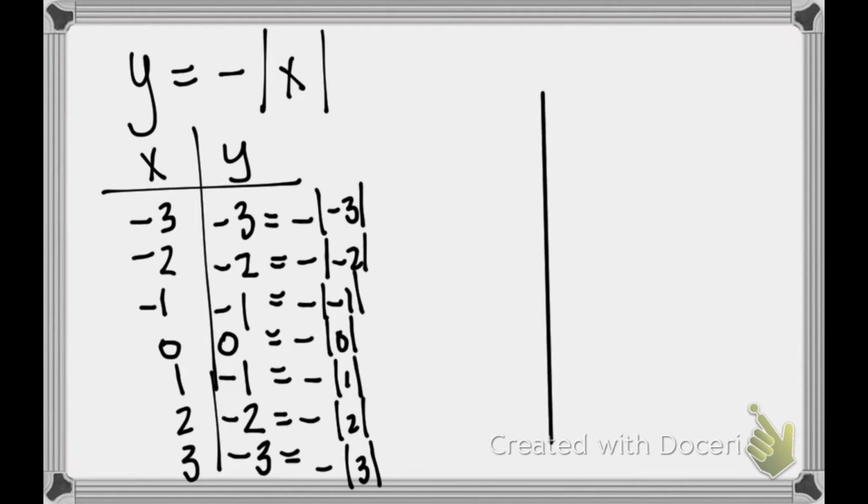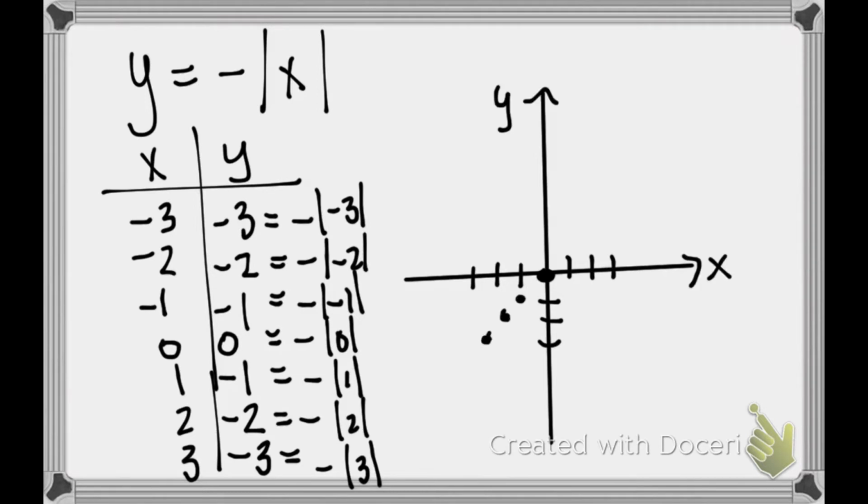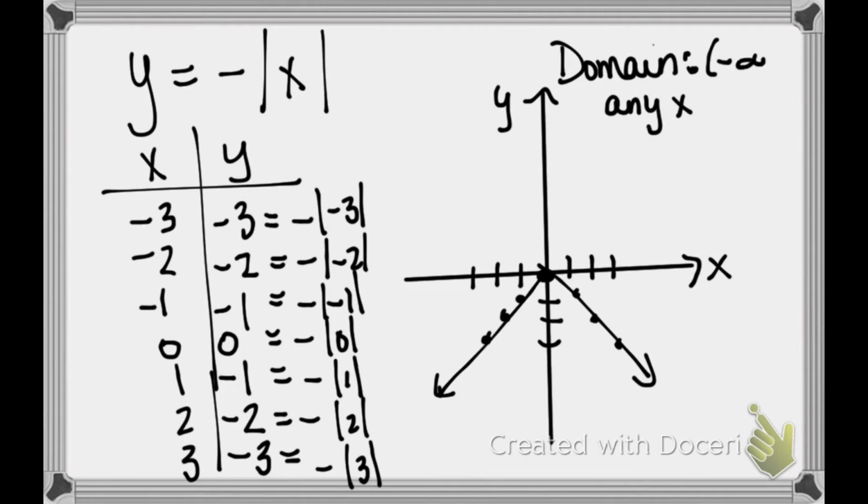So if I, again, plot this on an xy axis, then I'm going to go from -3, 3, -2, 2, -1, 1, and I'm going to go from 0 to -infinity for my range. So still, my domain, which is the x values, I can plug in any x value, which is -infinity to infinity.